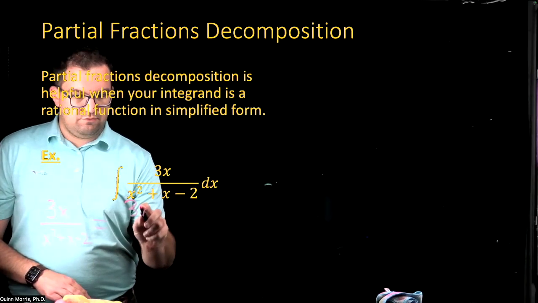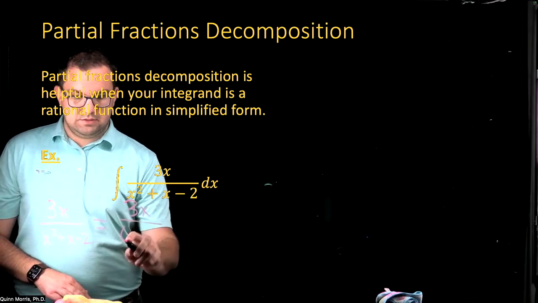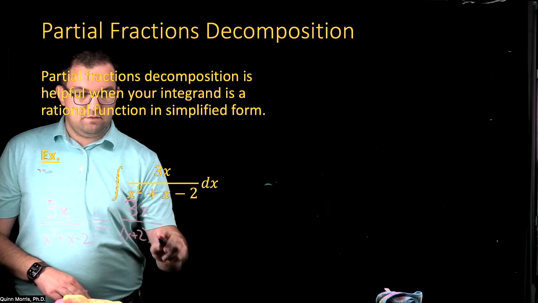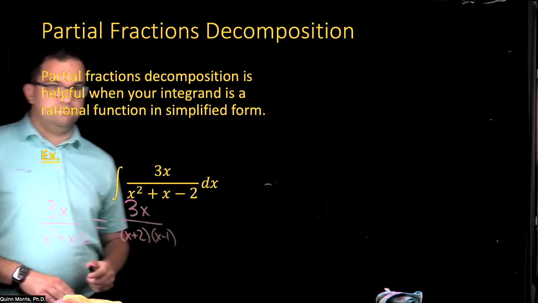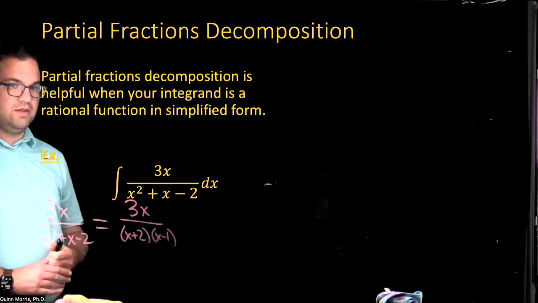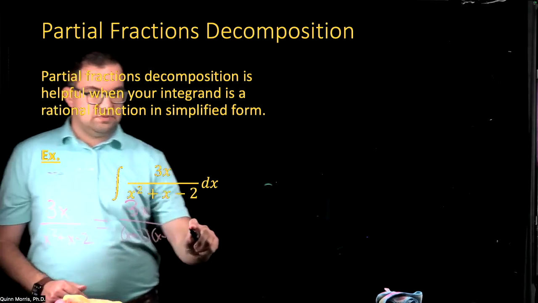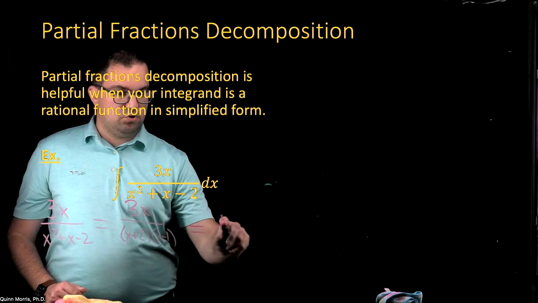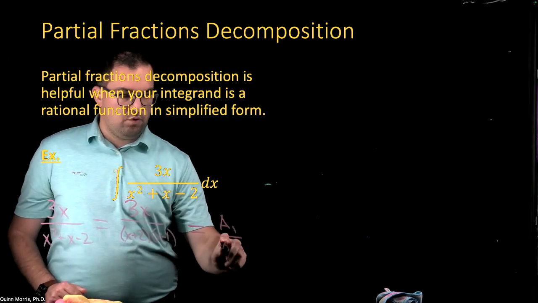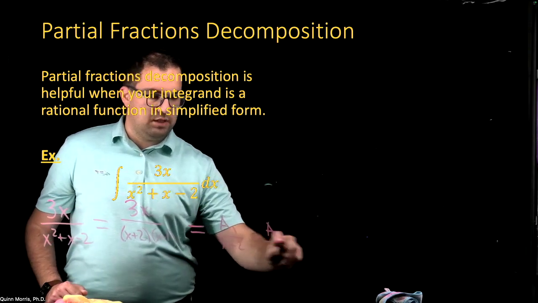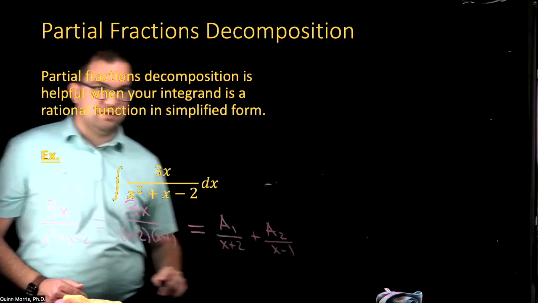So I can actually factor this as x plus 2 times x minus 1. And so now I know that my denominator is a product of distinct linear terms. And so I'm going to attempt to rewrite this in the form A1 over x plus 2 plus A2 over x minus 1.